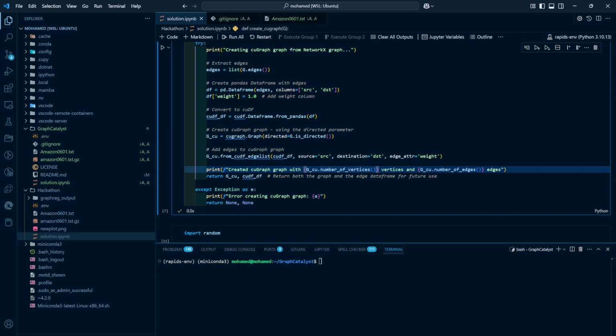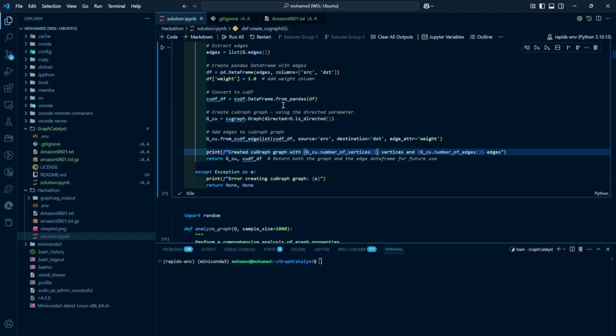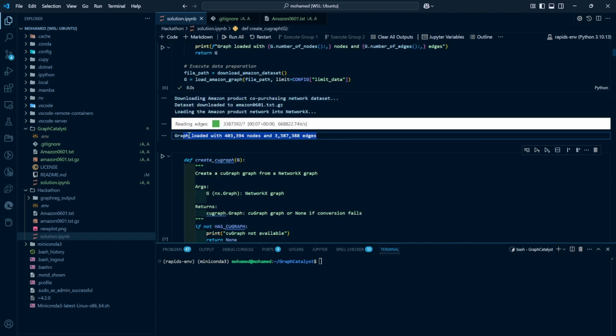To handle this dataset scale, I implemented optimization techniques including batch processing and optional sampling for development. And the final graph construction will contain this number right here, over 400,000 nodes and over 3 million edges.